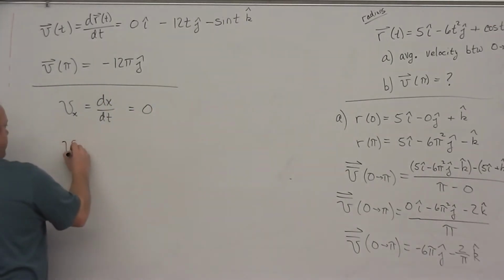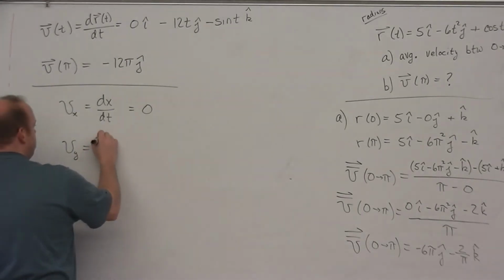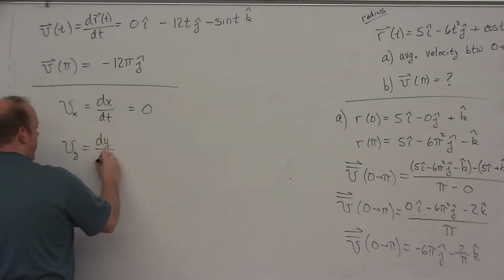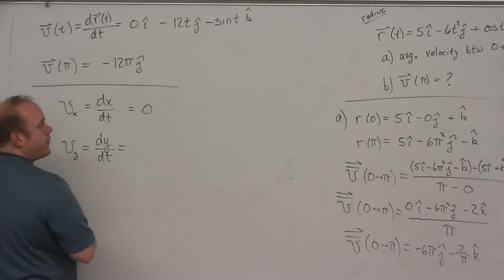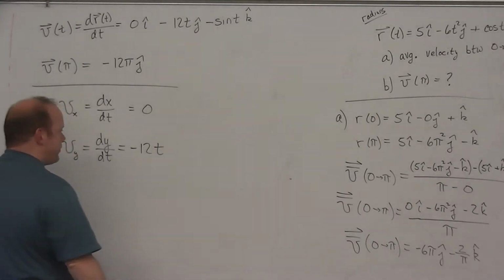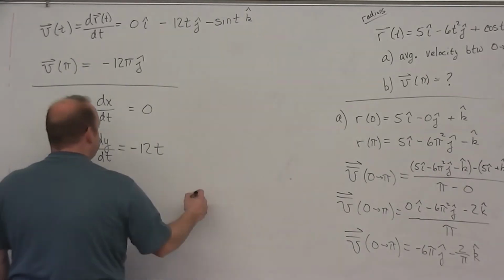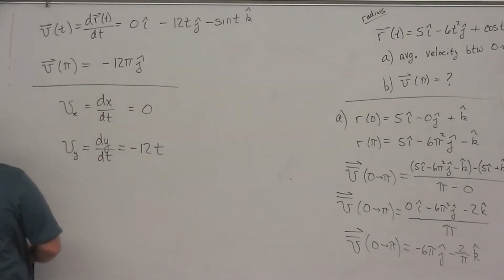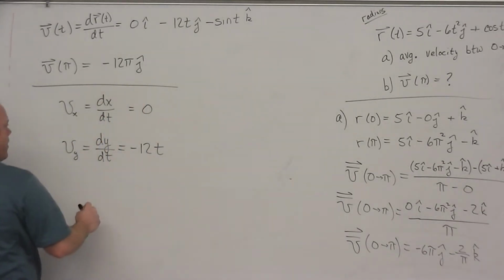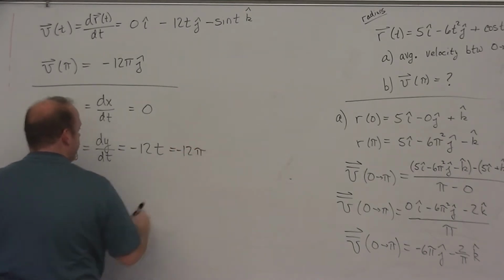My y component of velocity will be dy dt, which will equal negative 12t. In this case, that's the negative 12 pi j.